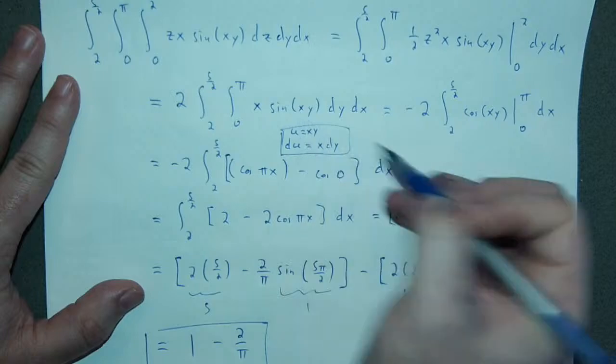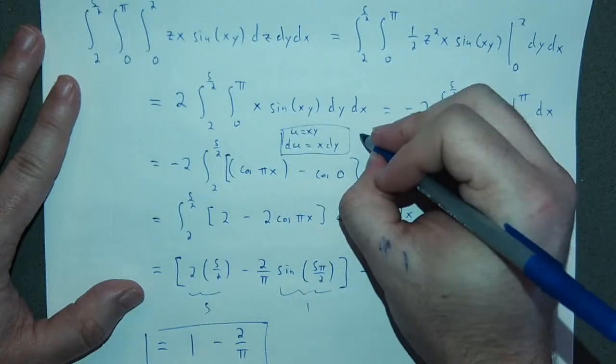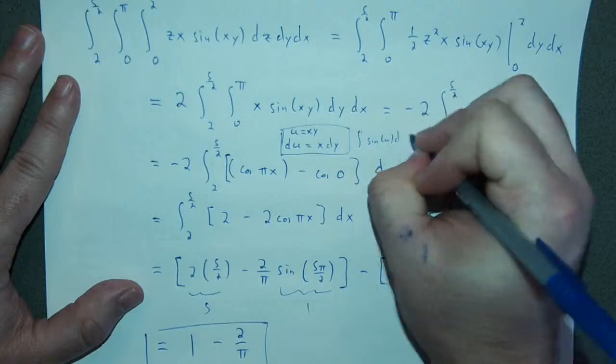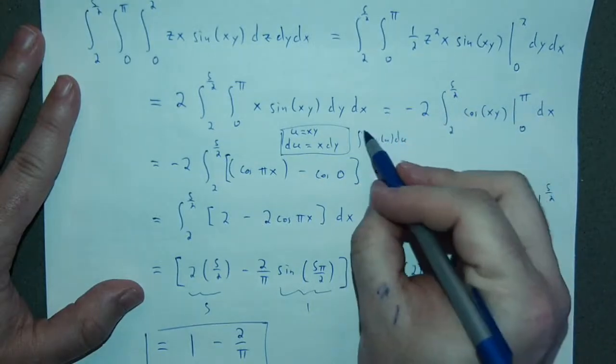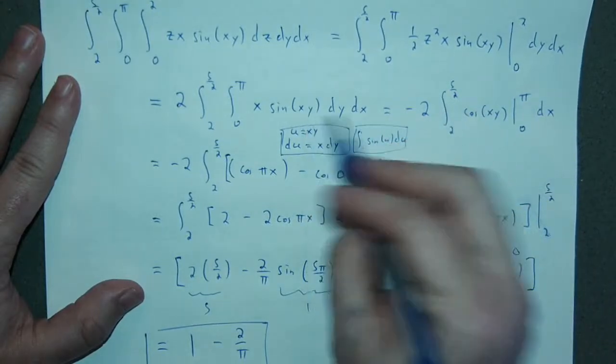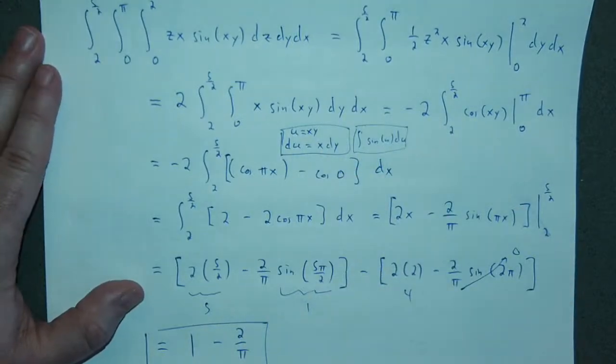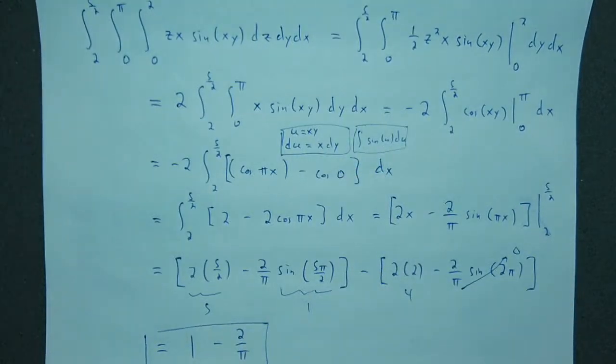So it gets absorbed. If I rewrite this as an integral of blah blah sine u du, this is what I have going on. So this x gets absorbed into making du to do substitution, yeah. And that's something that you're going to have to do with a lot of these.